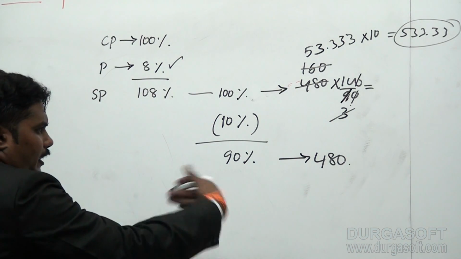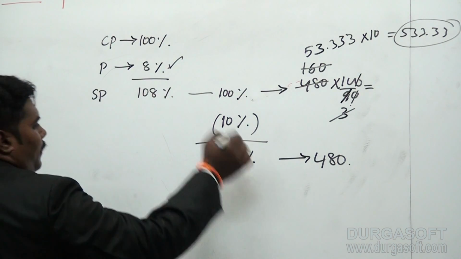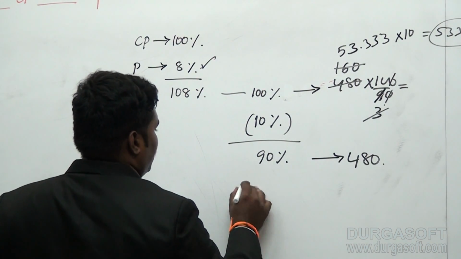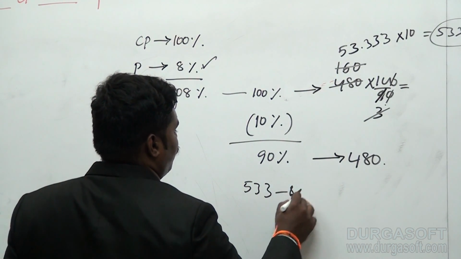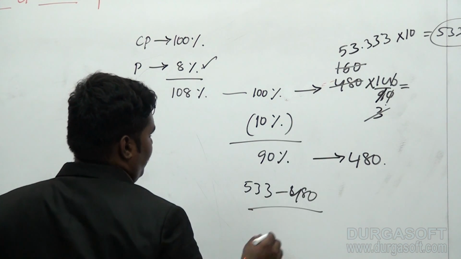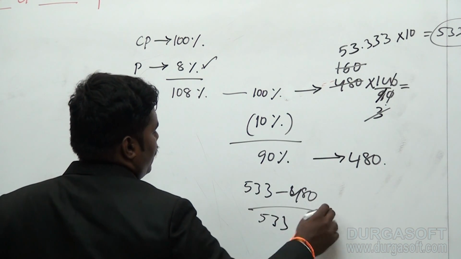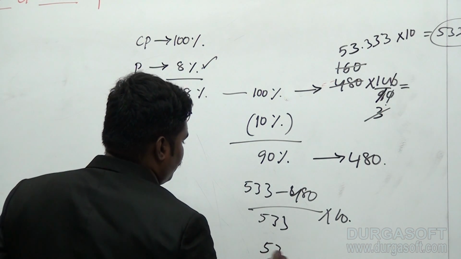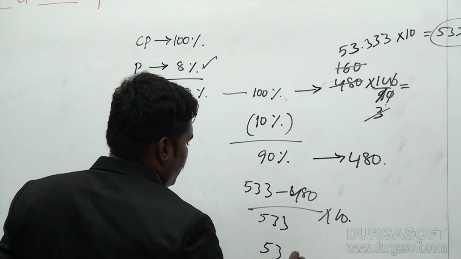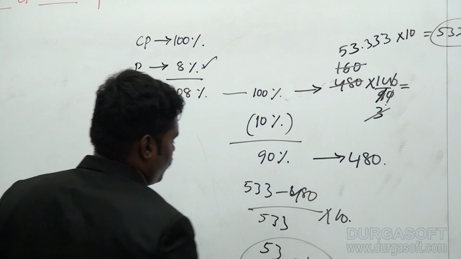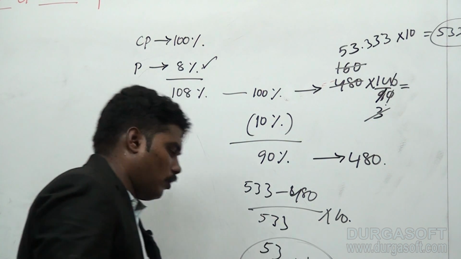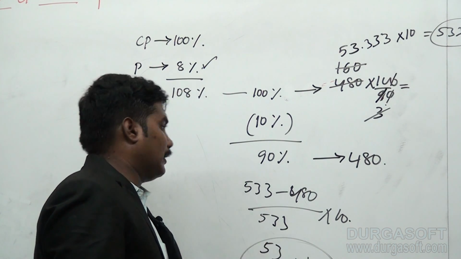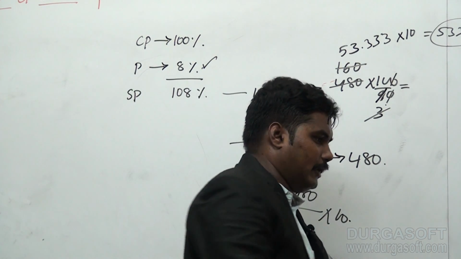Without discount, if he gives that 8% plus this percentage value, that means 533 approximately minus 480 by the base, which is 533, into 100. That means 53 by 533 into 100. Approximately it is 10. So 10 plus 8, that is 18%.